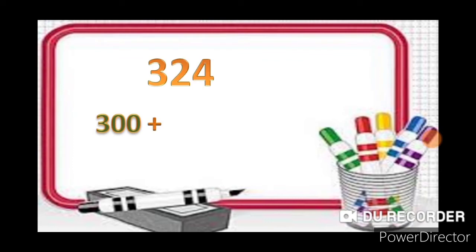Now do not forget to write the plus sign. What is the value of 2? 20. Since 2 is in the tens place, we will write 20 and put again a plus sign. Last we will see about 4. 4 is in the ones place, so it becomes 4 only. So the expanded form of 324 is 300 plus 20 plus 4.